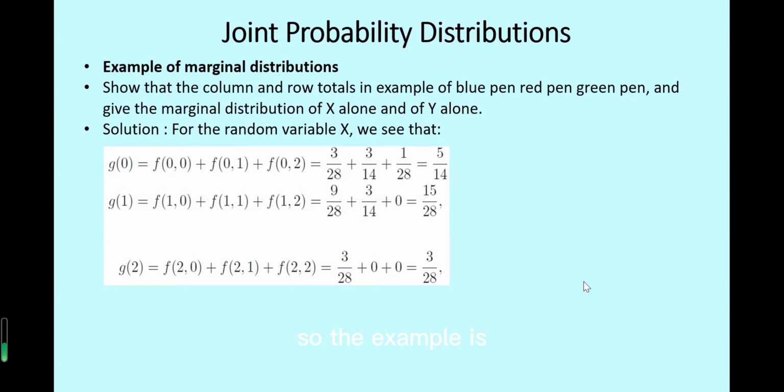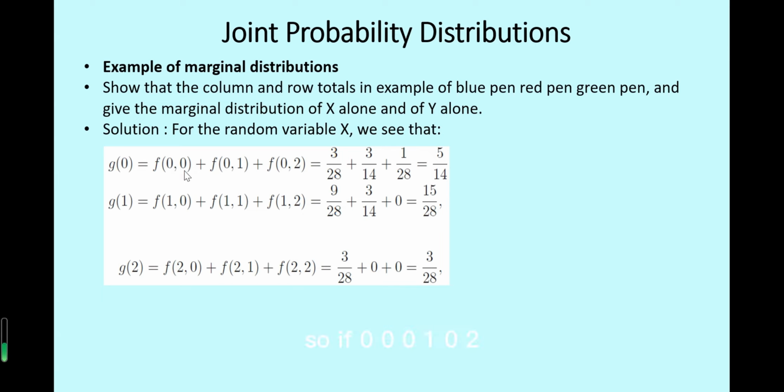The example shows the column and row totals in the example of blue pen, red pen, green pen, and gives the marginal distribution of X alone and of Y alone. The solution is, for the random variable X, g(0), which means the marginal for x equals 0, equals the summation over all y values with the same x, right?